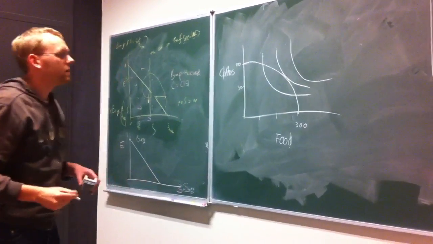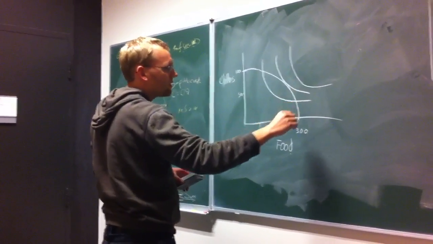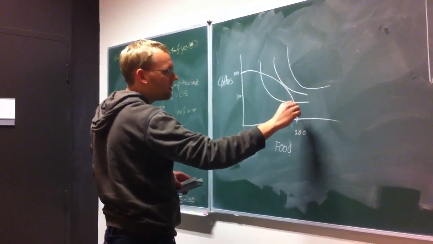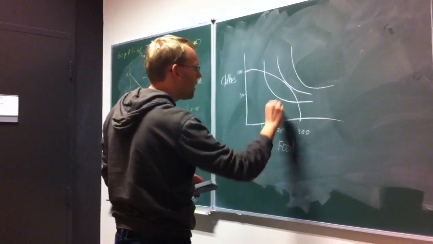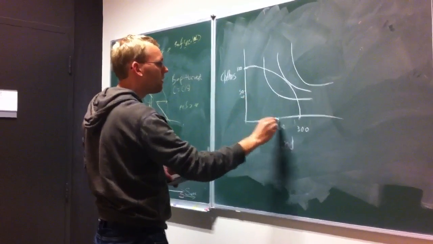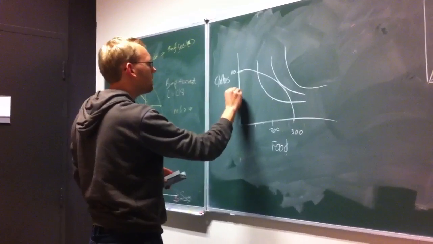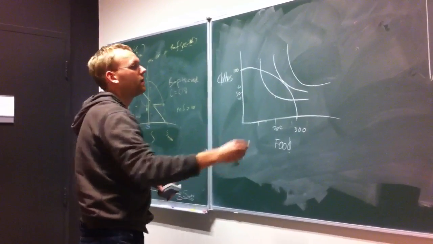So with this, you could say that society is indifferent between having these 200 items of food and say 40 items of clothing, or having only 150 items of food and 60 items of clothing, because they're on the same utility curve.